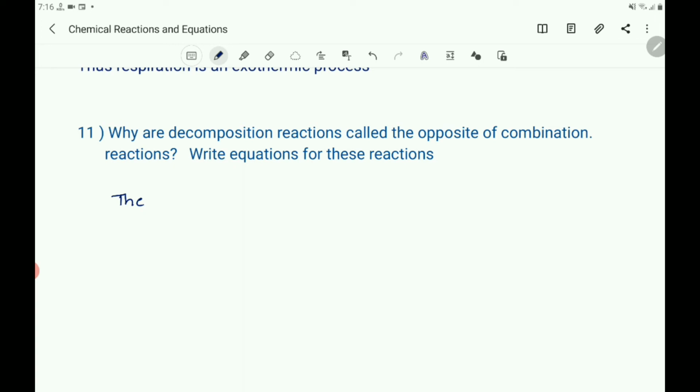The decomposition reaction is the opposite of combination.